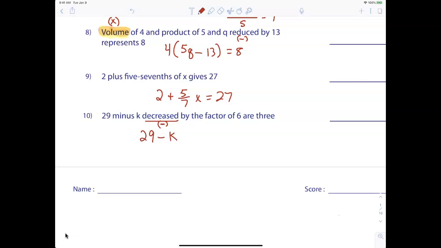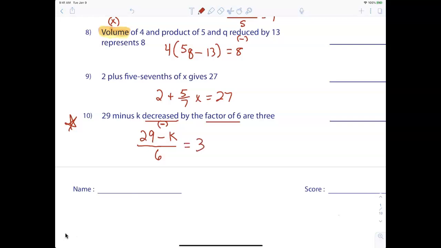But it's not, because it says it's being decreased by a factor of 6. When you are decreased by a factor, that means you're dividing it by 6. That one's a little bit harder too. I don't really use decreased by a factor in math vocabulary, but it's good to know just in case. And then that says it's equal to 3.